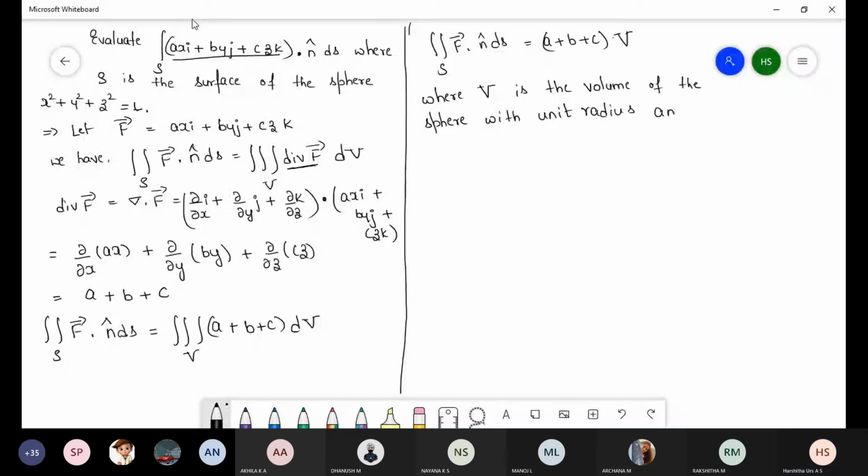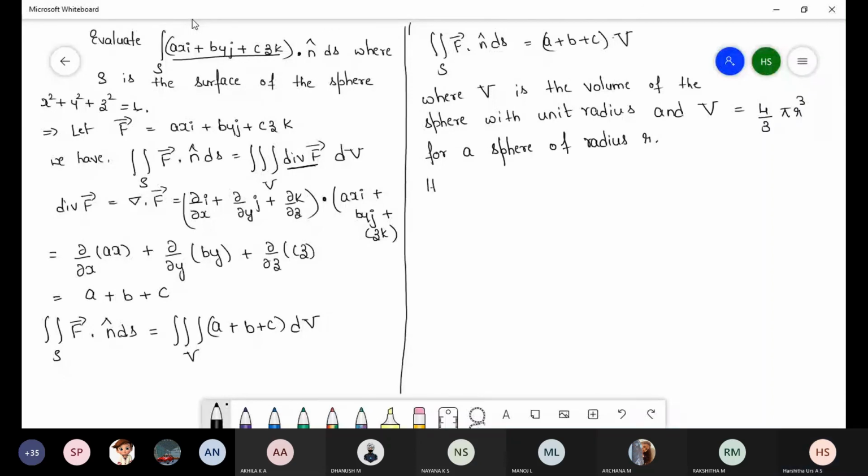And V is equal to 4 by 3 pi r cube for a sphere of radius r.